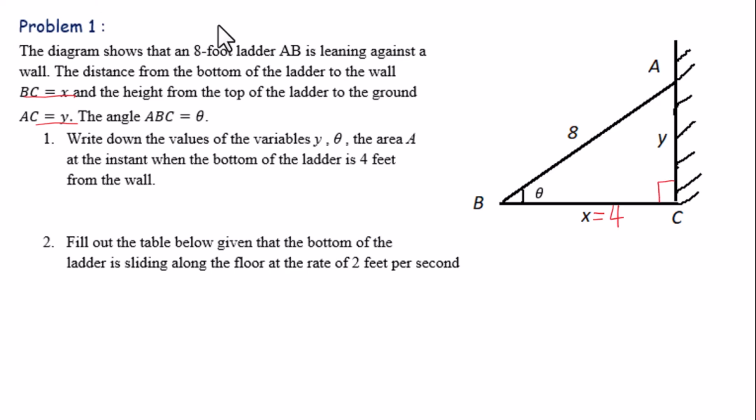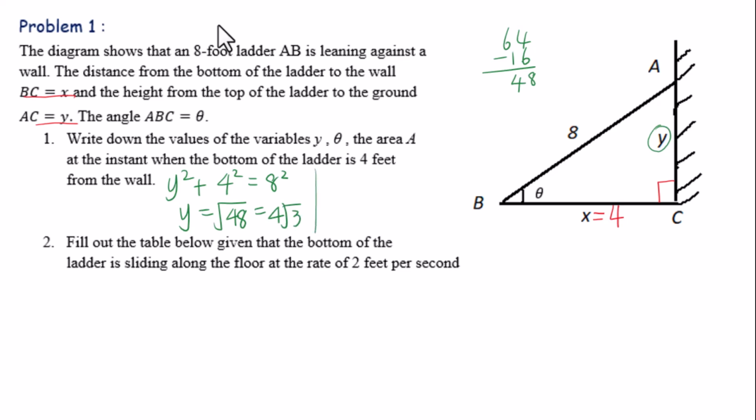For this right triangle, we can use the Pythagorean theorem to figure out y. y squared plus 4 squared equals 8 squared. So y squared equals 64 minus 16 equals 48. So y equals square root 48, simplified to 4 square root of 3.